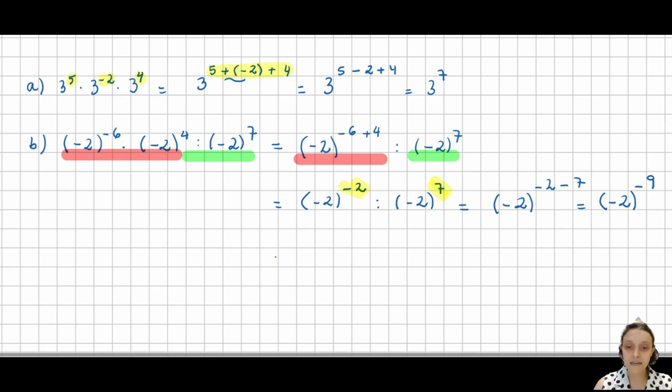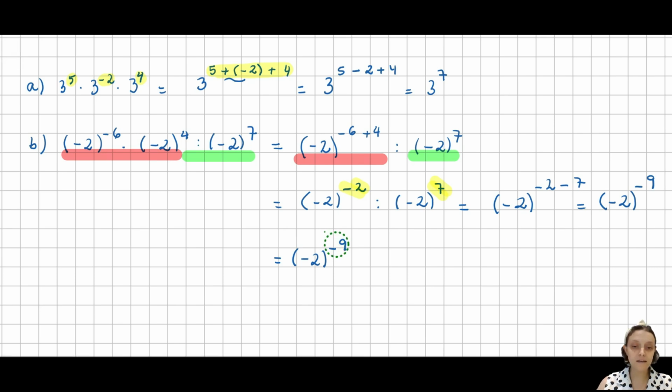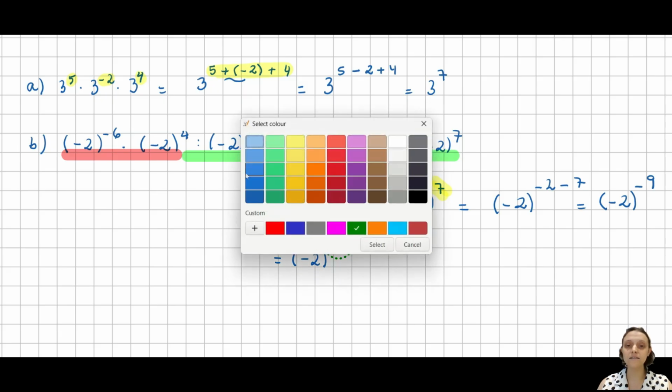So in this case, I am going to rewrite this here. See that we have, right here, a negative exponent. That means that we have to do the inverse of the base. So we're going to do that in about a second.